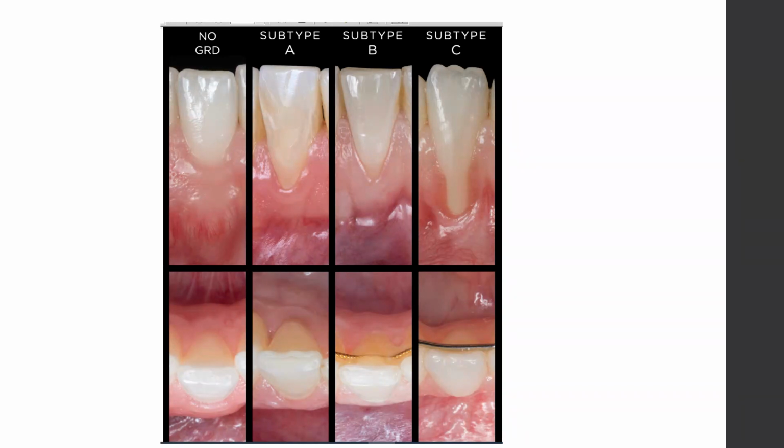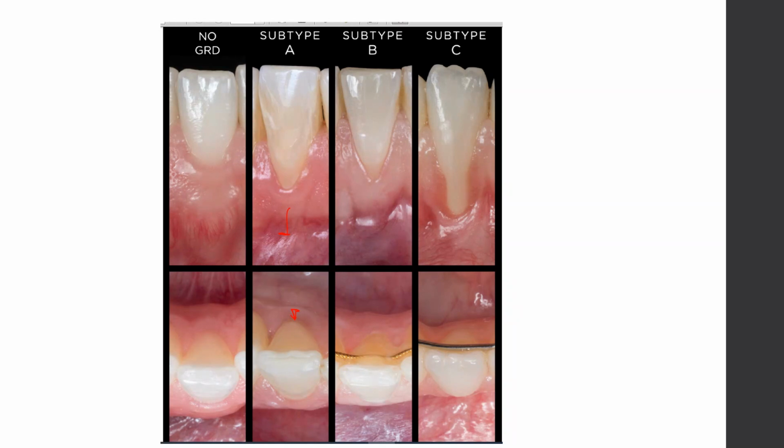They have given the clinical pictures also of these subtypes. The first picture shows that there is no gingival recession defect. In subtype A, we can see that the attached gingiva is more than 1 mm and the thickness is also more than 1 mm.